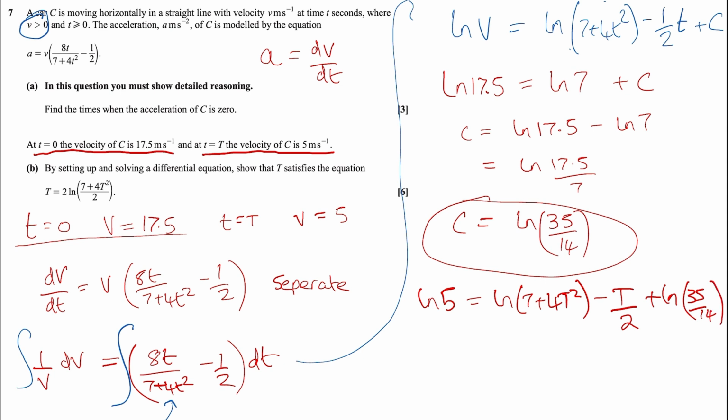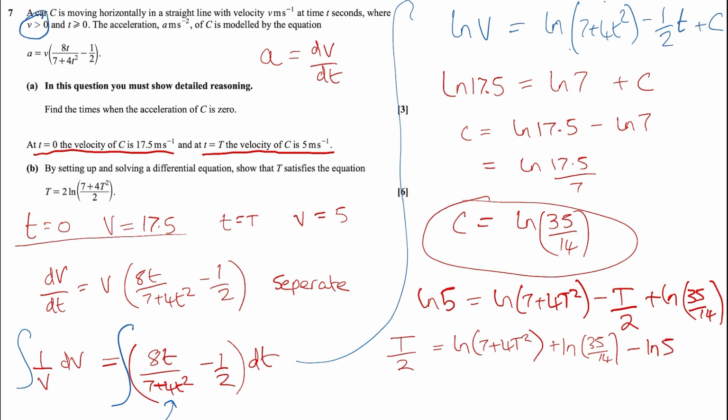Okay, we are nearly there now. Let's move that minus t over 2 onto one side and the logs onto the other. So we're going to get something like this. So plus ln of 35 over 14, and then minus ln 5.